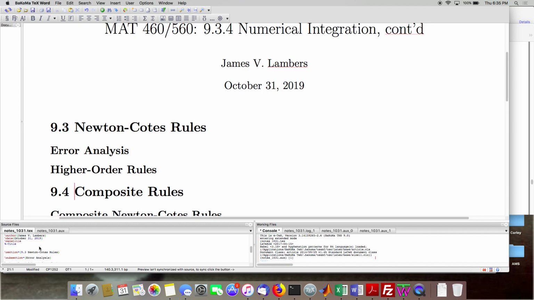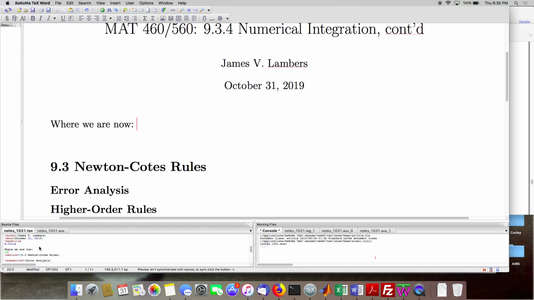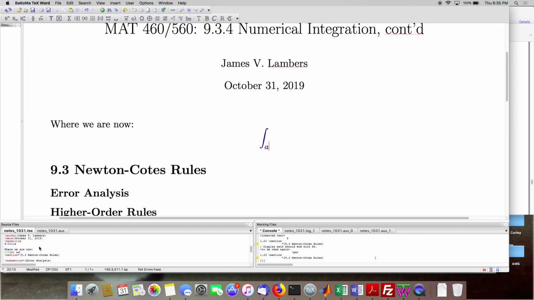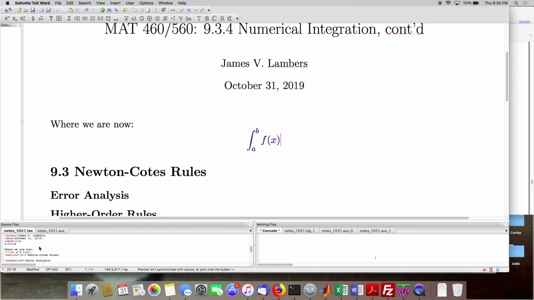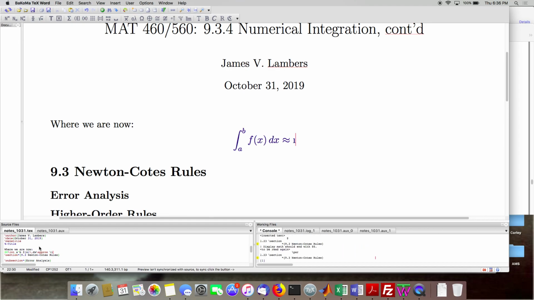Quickly, where we're leaving off: the idea is that the definite integral of some function f of x over [a, b] is being approximated by the exact integral of some polynomial P_{n-1} of x of degree n minus 1 that interpolates f at selected points.